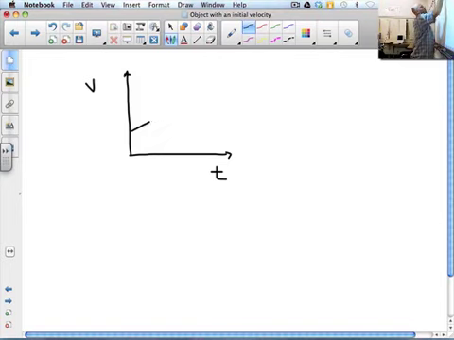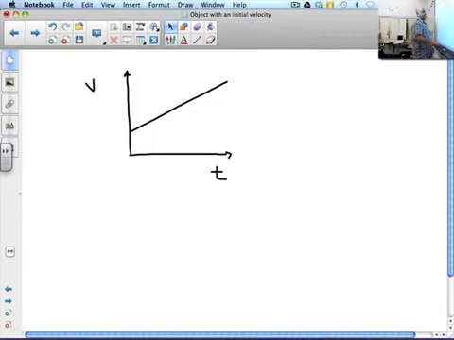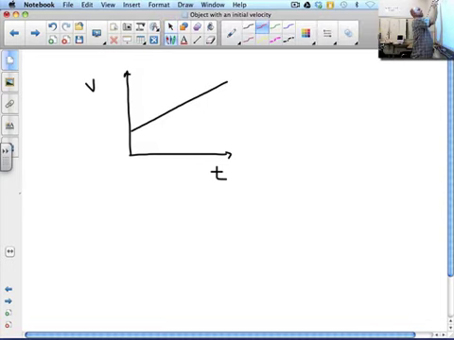So the velocity time graph, you'll recall, looked like this, right? And this is our initial velocity, right? If I trace this over, this is our final velocity. I'm going to leave out numbers, if you don't mind.